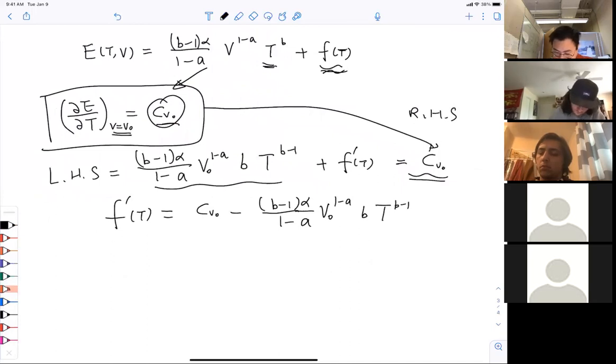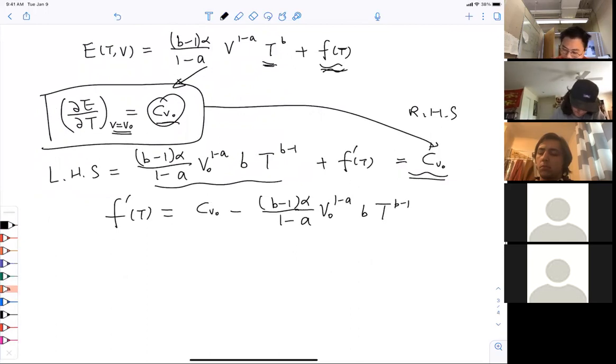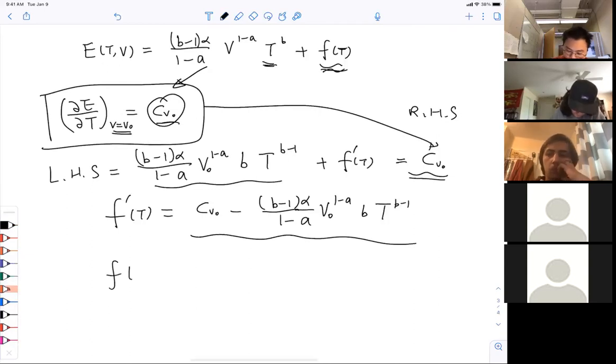What's this? Okay, yeah, it's like this. Then you do the integral. This is a full derivative, because this F has only T dependence.